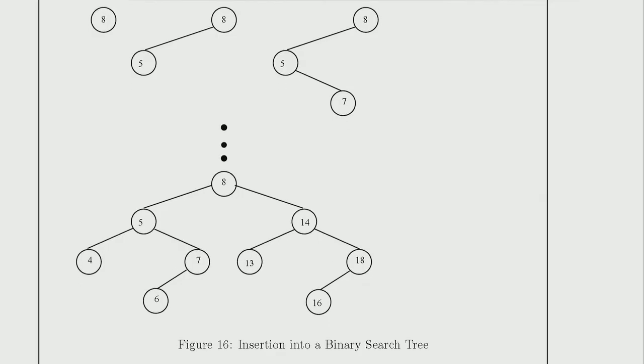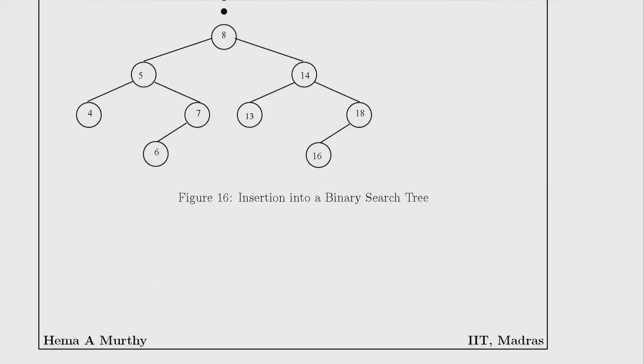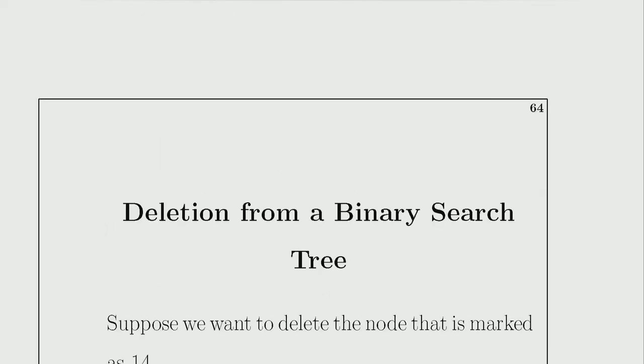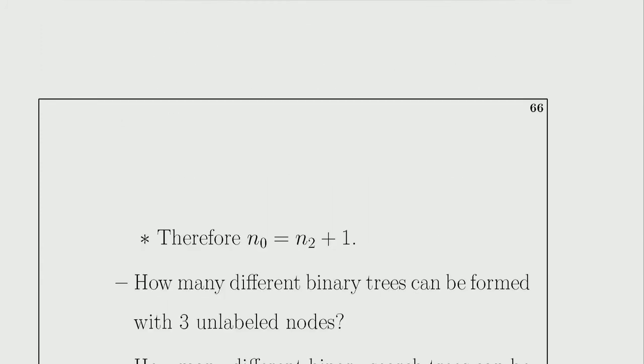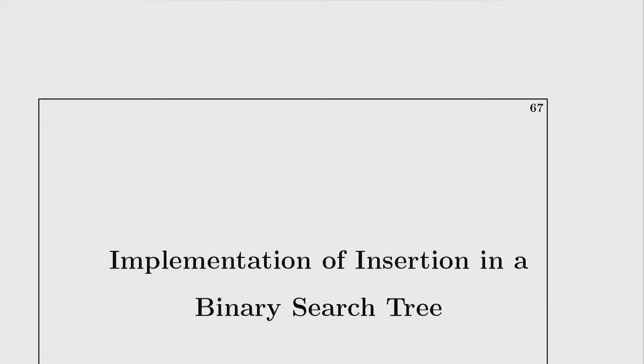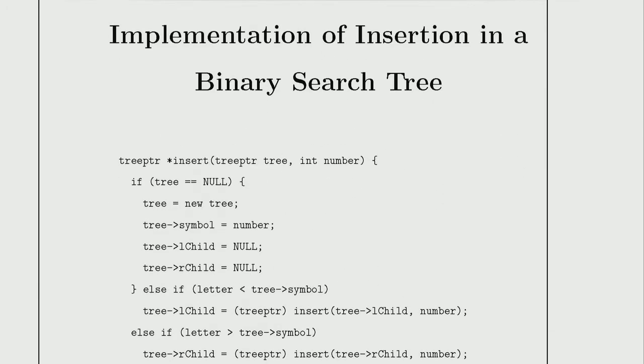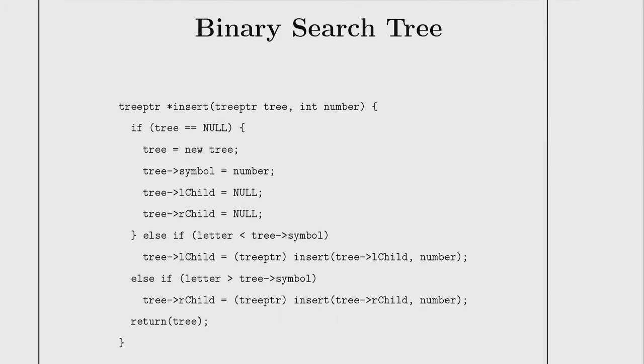So, this kind of completes the analysis. Let me give you a small implementation of insertion. Here is a small segment of C code which is given here. Let us say that you have a pointer to tree as we had in the Huffman tree.